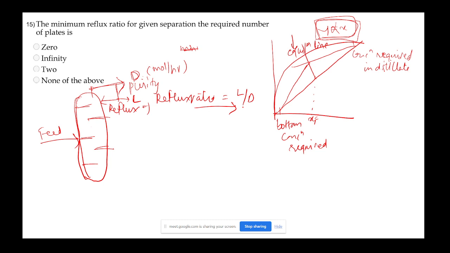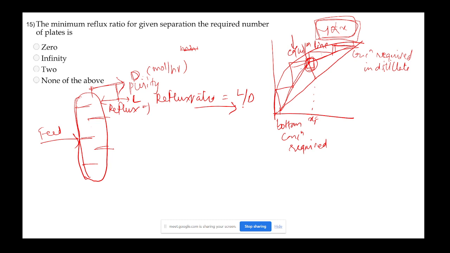So this is the point of intersection, and the entire line that you are getting is the operating line. This is the feed point in the column, and to find out the number of trays, you just go this way, you do a staircase.